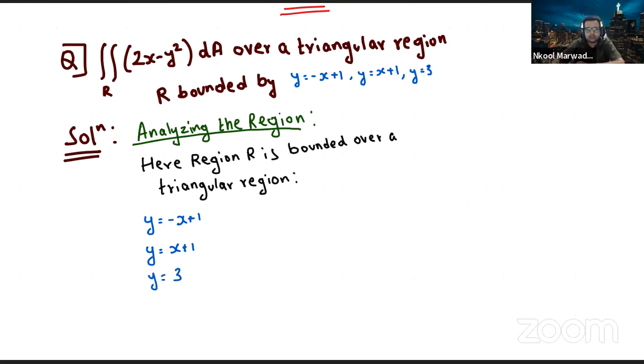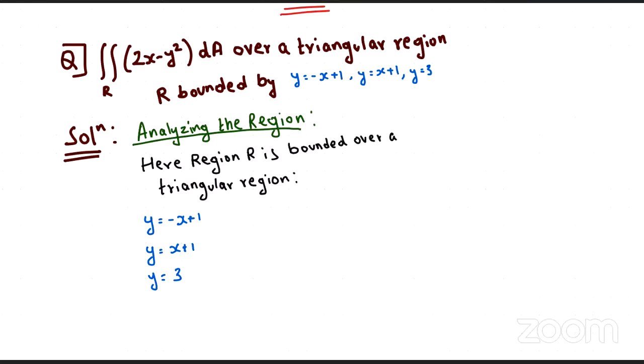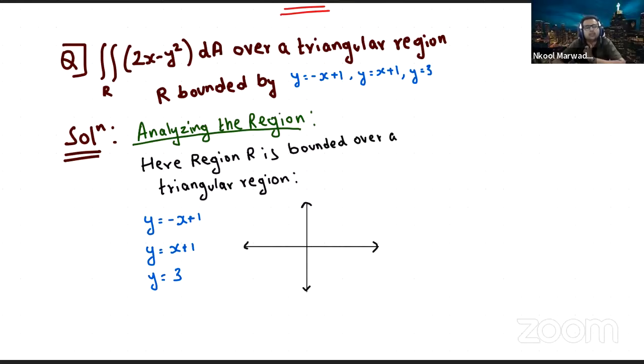Now we can visualize it because three straight lines we can very easily draw. These are three straight lines. One in the negative axis, one on the positive axis, and one direct straight line. So when x is 0, y is 1.